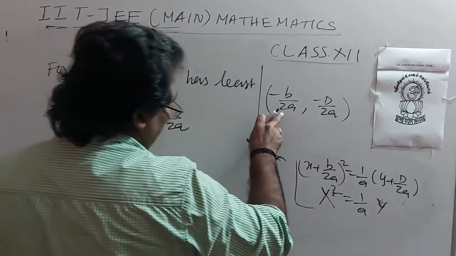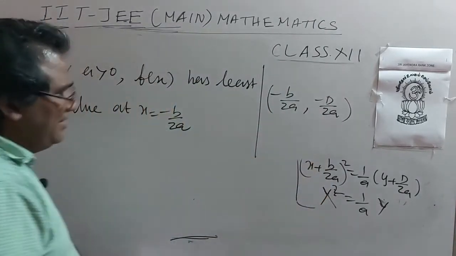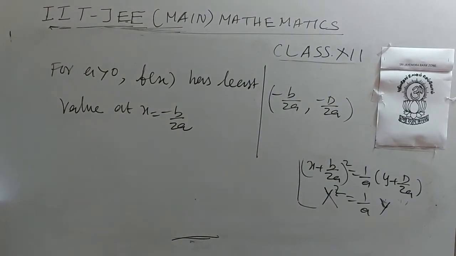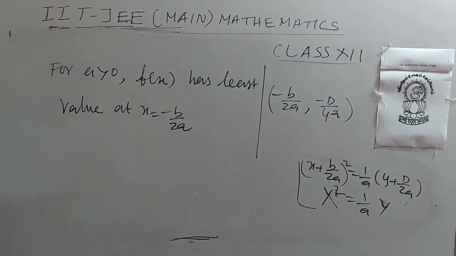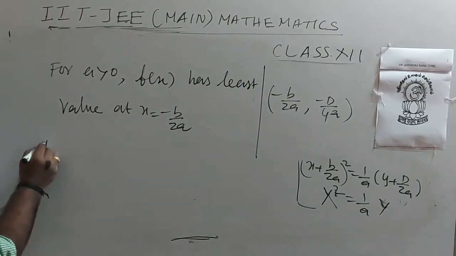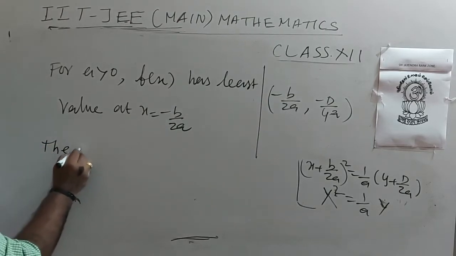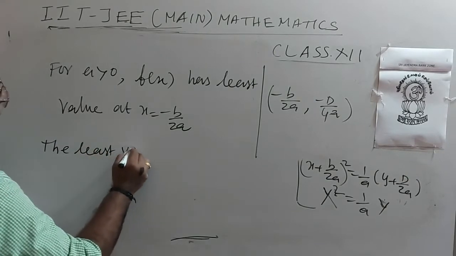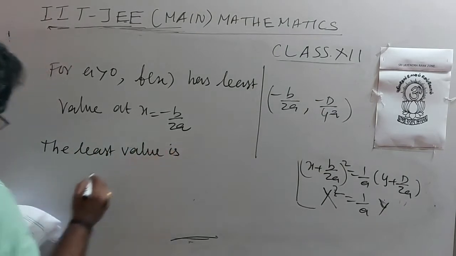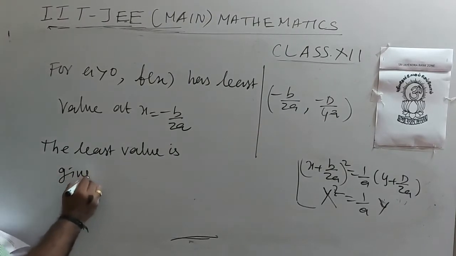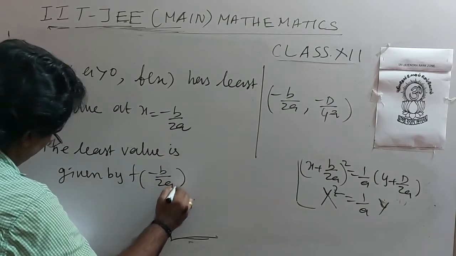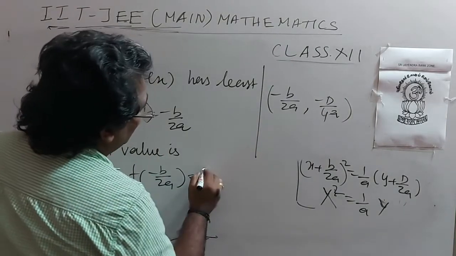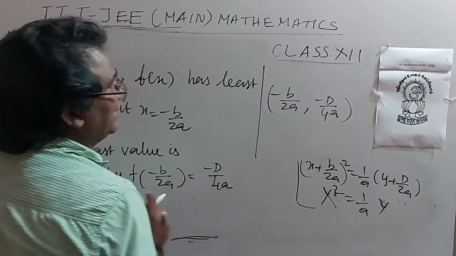So the least value at this point is minus D by 4a. The least value is given by f of minus b by 2a, and you will get minus D by 4a.